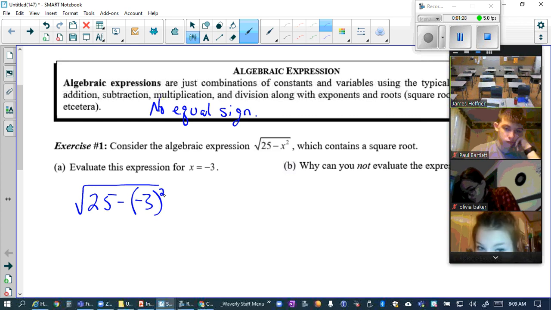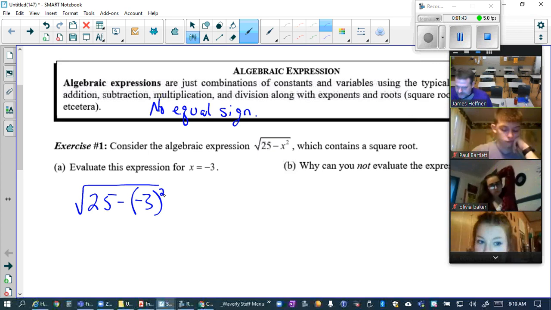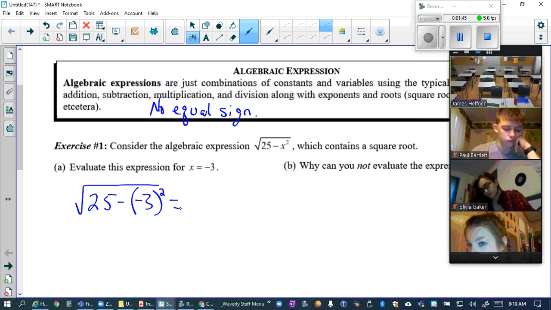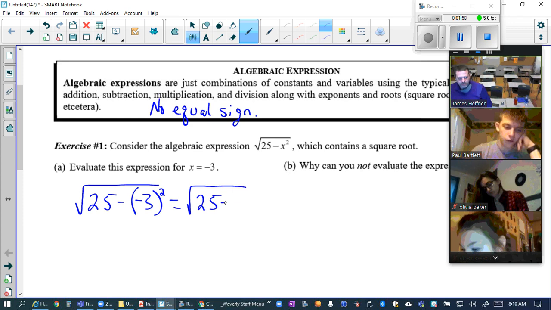Now, are we going to call this minus a negative being a positive? Anybody? No, because, order of operations, we have to do this squaring first, right? So then we end up with the square root of 25, and what is (-3) squared? 9, positive.